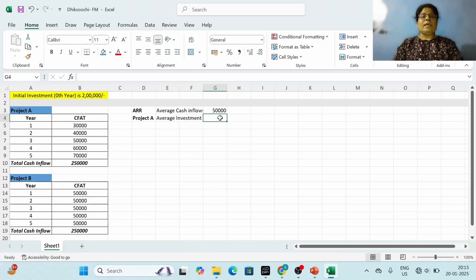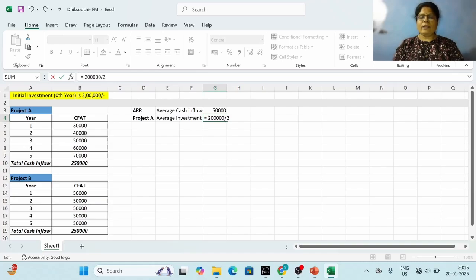That is your investment divided by 2. Because they have not given any net working capital and salvage value, we have to just divide the investment by 2. So our investment is 2 lakhs, right, divided by 2. So I'm writing this in terms of formula here, then I can get the value as 1 lakh.